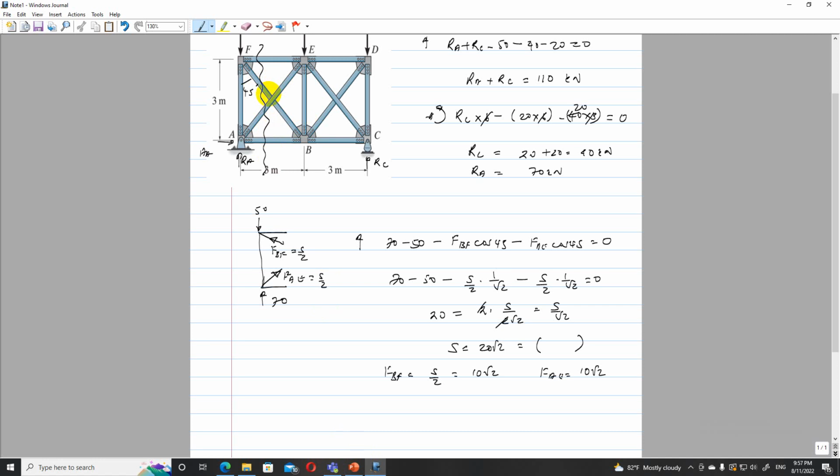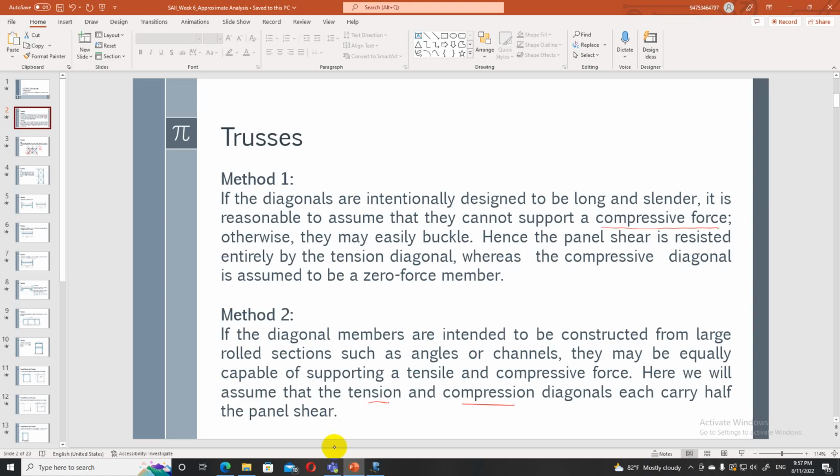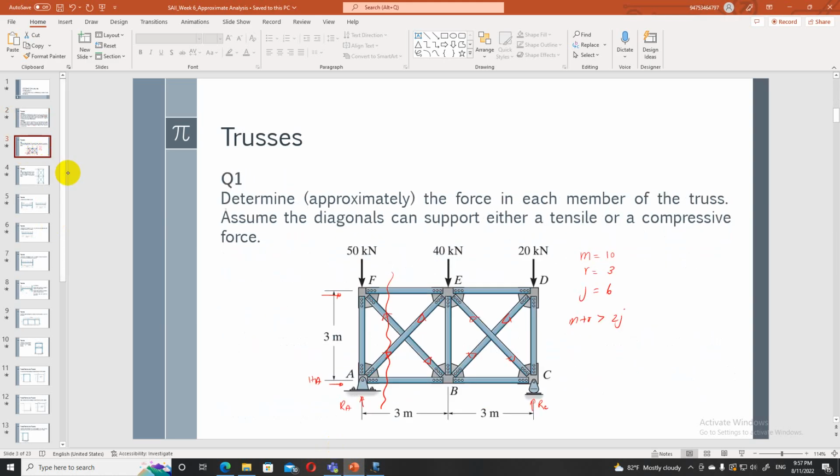Okay, so that will happen if you consider one of these as a compression member and a slender one. But here it doesn't look like a slender truss because it looks quite compact and both are of the same size. So that's why I assume the second theorem, where you assume that both members carry an equal amount of force, or half of the shear force that is acting in the panel.